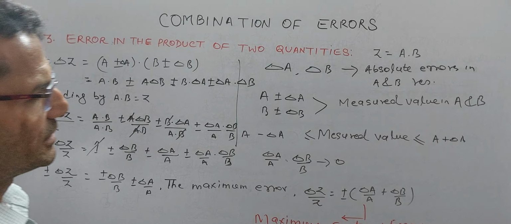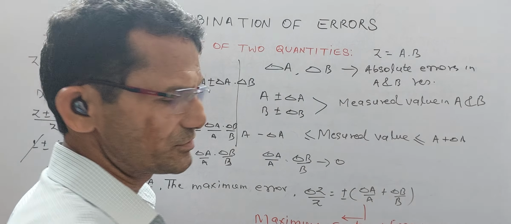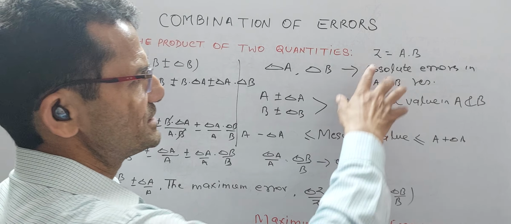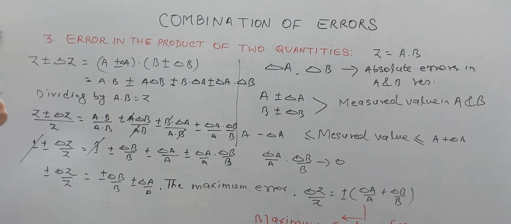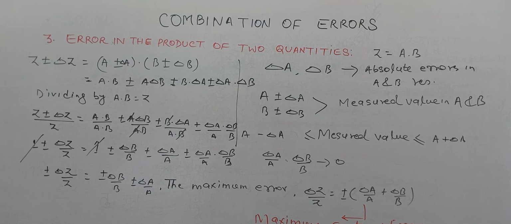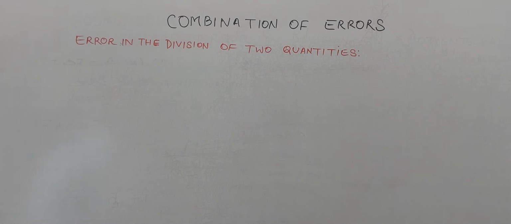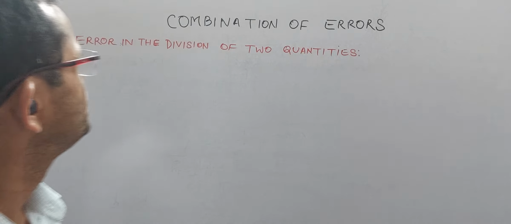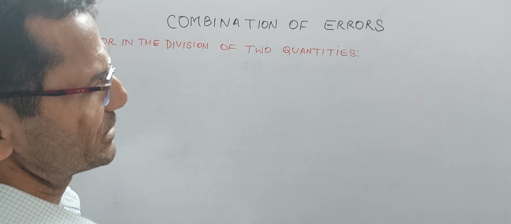Next we will go to finding the error in the quotient of two quantities. I mean we have to find the error in A divided by B. Now our next topic is error in the division of two quantities.